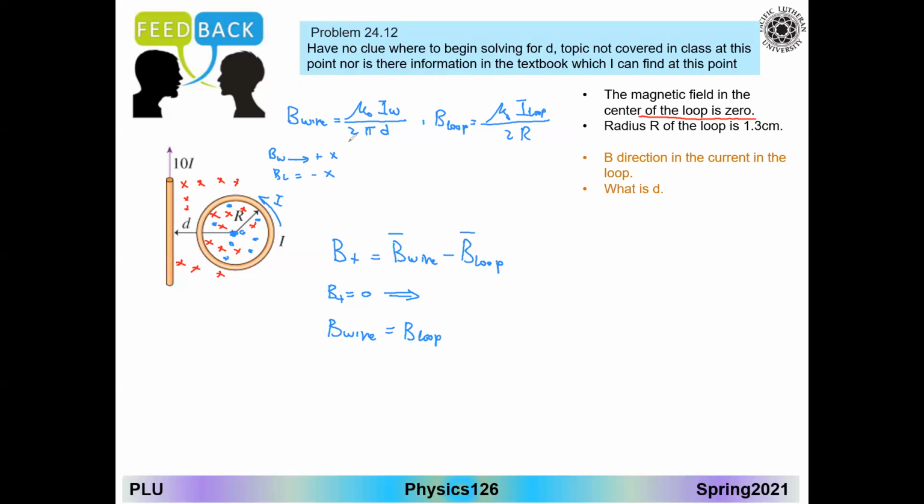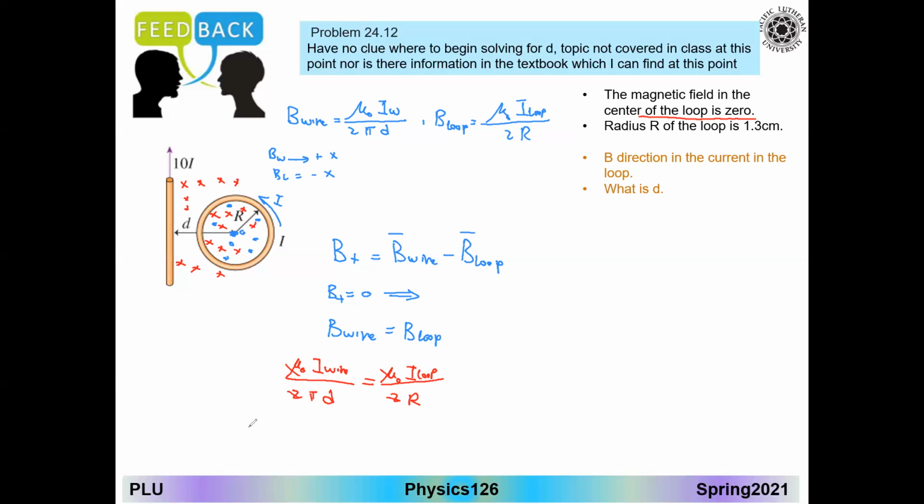So now I'm going to replace the formulas for both: mu times I wire divided by 2 pi D equals mu times I loop divided by 2R. Now the mu cancels, and the 2 cancels.